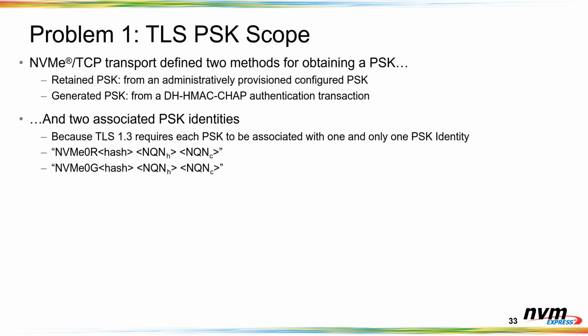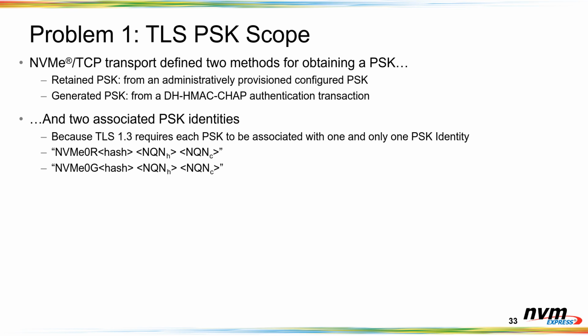And then, as I said, we need a PSK identity that enables us to uniquely identify a PSK between two entities. And so we defined two associated PSK identities. And we basically use this ASCII string as the identity to look up. NVMe0 means it is format 0. R means it is the retained PSK.